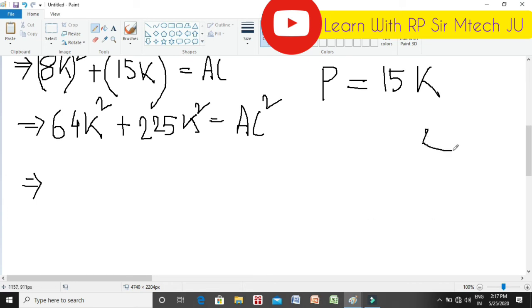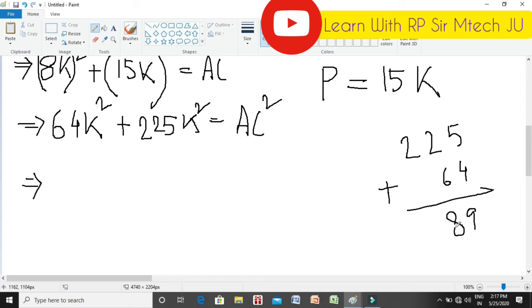Let us calculate. The total is 289. So AC square will be 289k square.